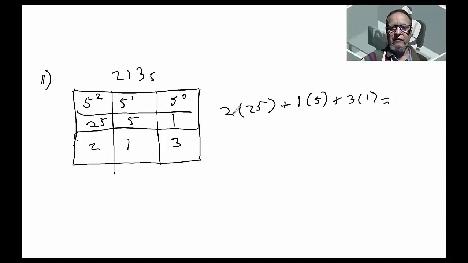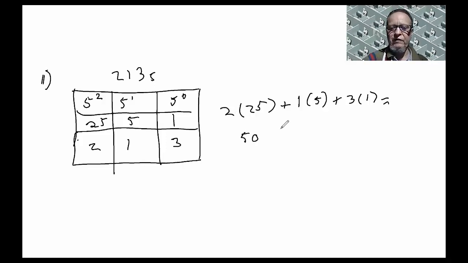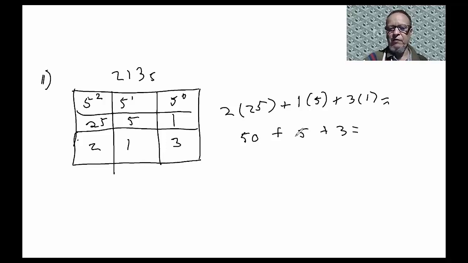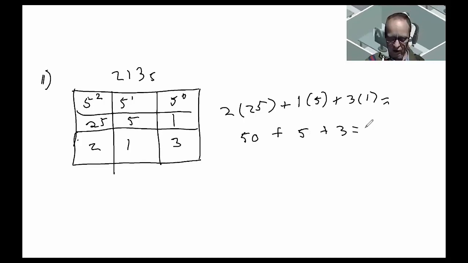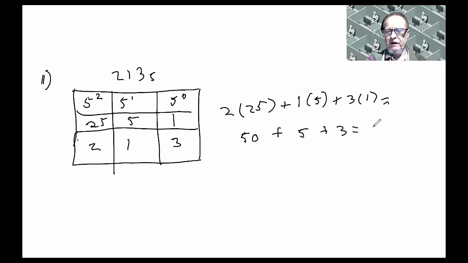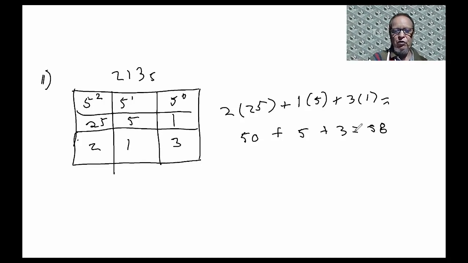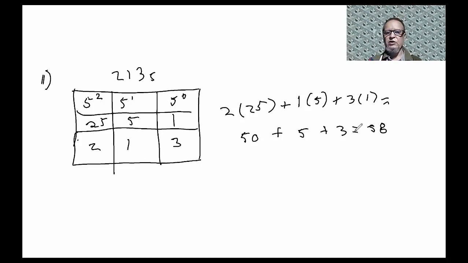So that means I have 2 times 25, which is 50, plus 1 times 5, which is 5, plus 3. And then I add these up. 50 plus 5 plus 3 will give me 58. So that's how to do what I did in blocks using a table.